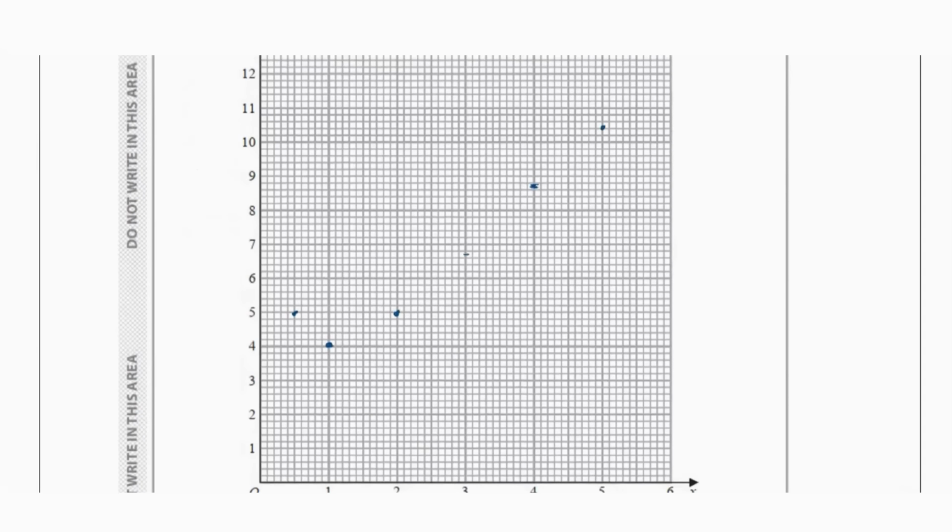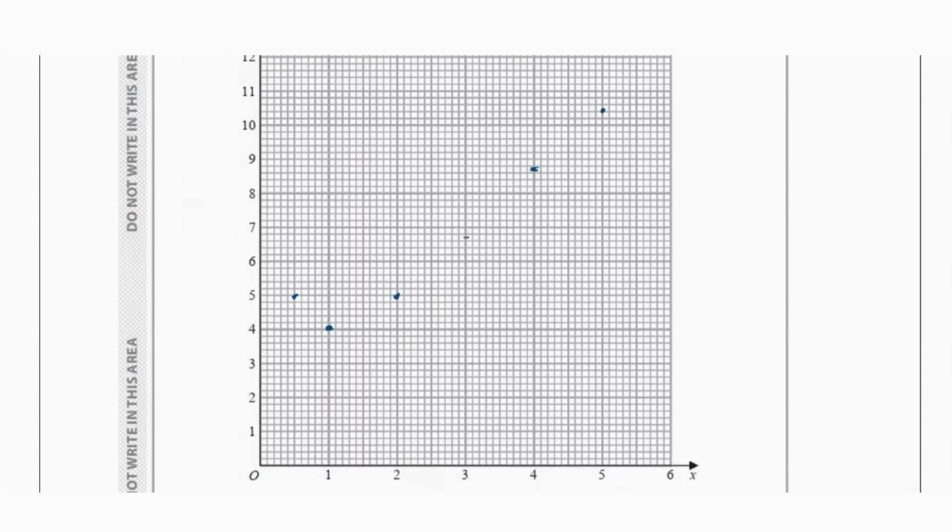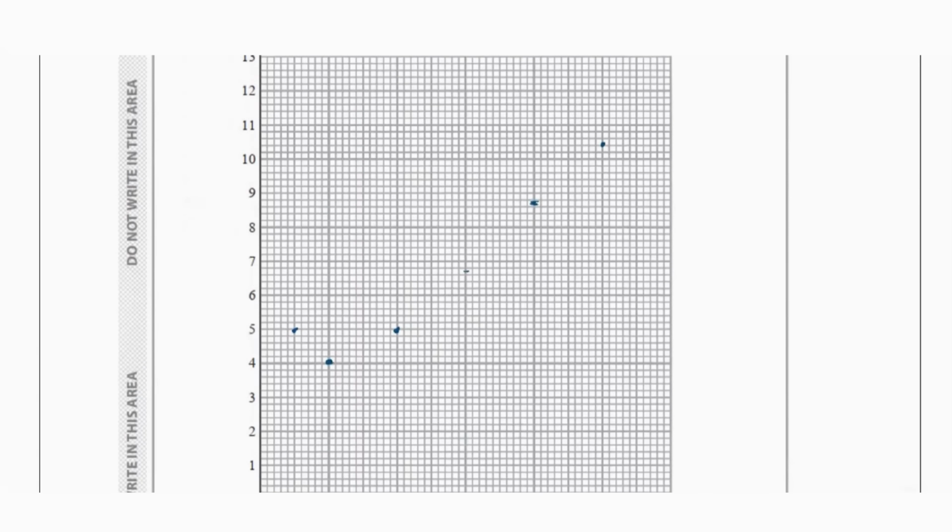And lastly, 6 and 12.3. Now we just connect the points. This is our graph.